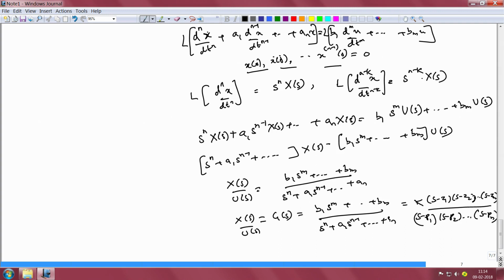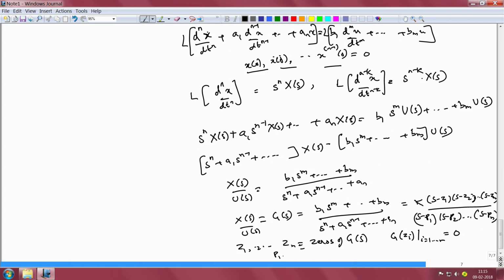Now there is a special name for these roots. z1, z2, etc. up to zm are called the zeros of G(s), for a very simple reason: at these particular values, if I were to compute G(zi), where i goes from 1 to m, I would get G(zi) equal to 0.